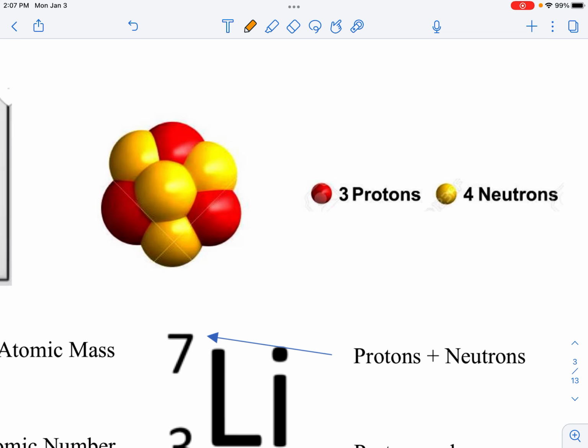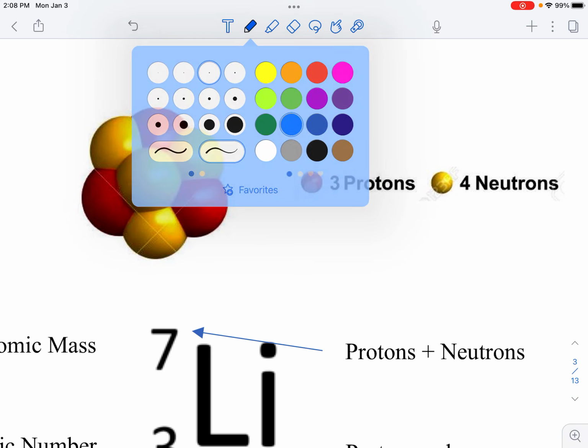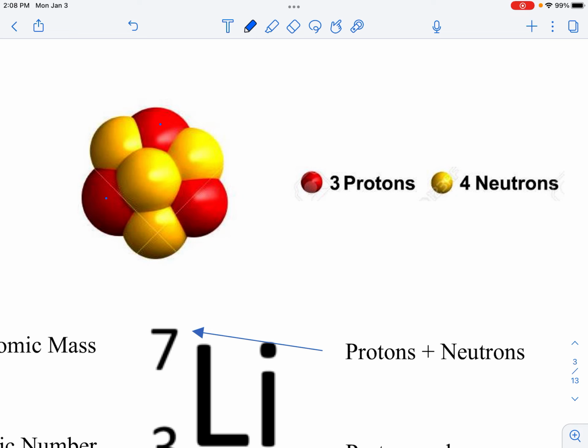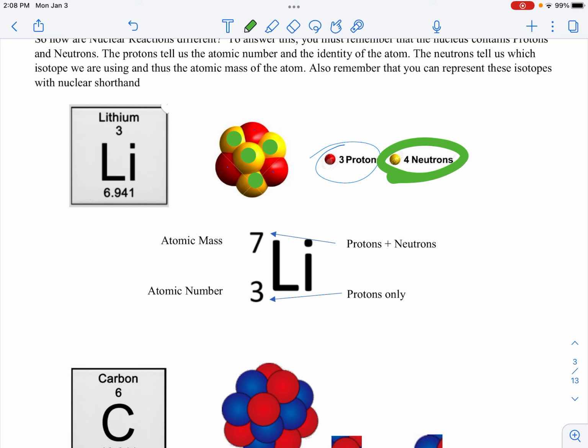This picture shows a typical lithium nucleus, which has 1, 2, and 3 protons, and then 1, 2, 3, 4 neutrons. Those 3 protons and 4 neutrons go together to make 7 overall for its mass.